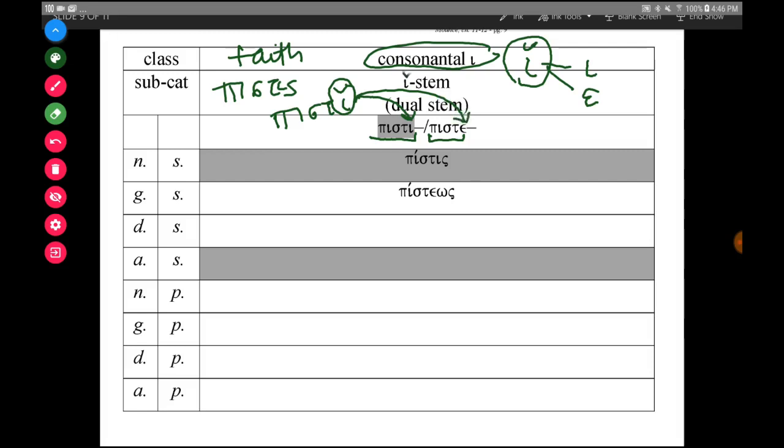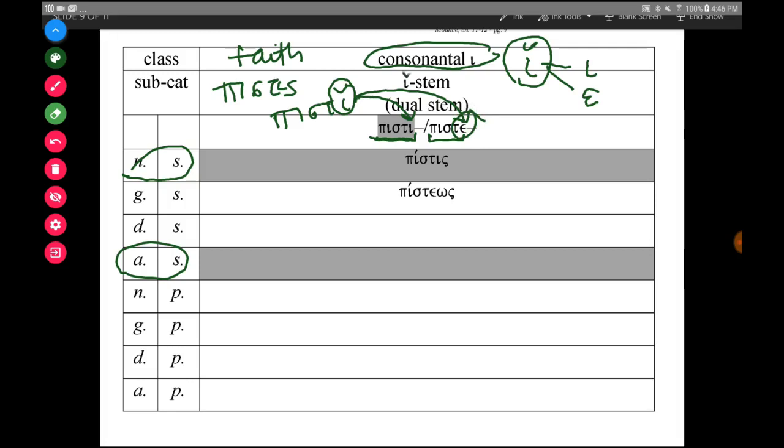And you might be wondering how I know which one. I've shaded the nominative singular and the accusative singular. These are the times when the stem is pisti with the iota, and the other case endings, the genitive singular, dative singular, and all the plural forms, use the epsilon as part of the stem.